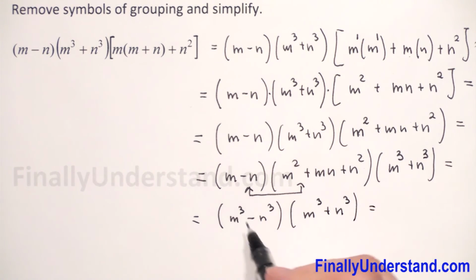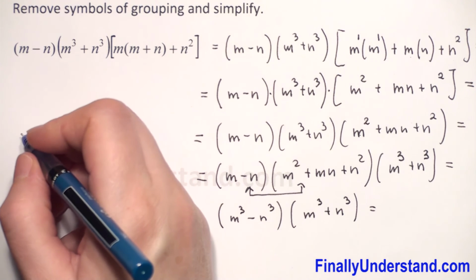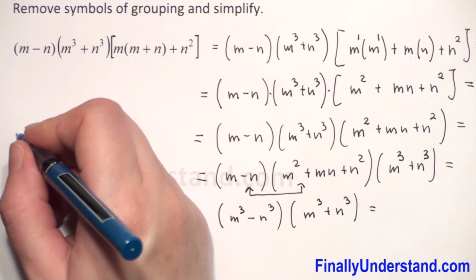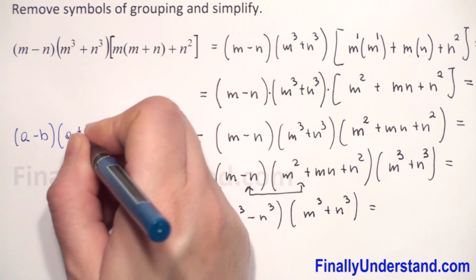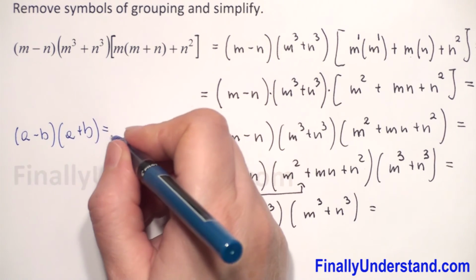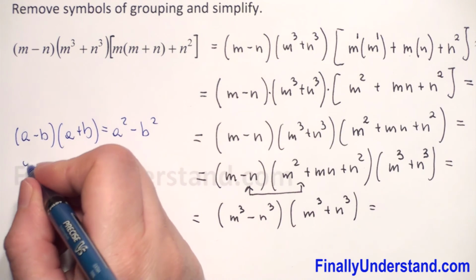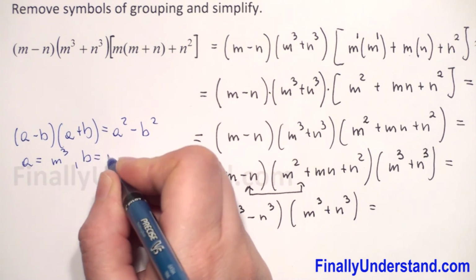We see that we have the same terms, m cube, n cube, only different sign. So we can use now the formula for difference of two perfect squares when we have a minus b times a plus b. This is equal a squared minus b squared. In our example, a is equal m cube and b is equal n cube.